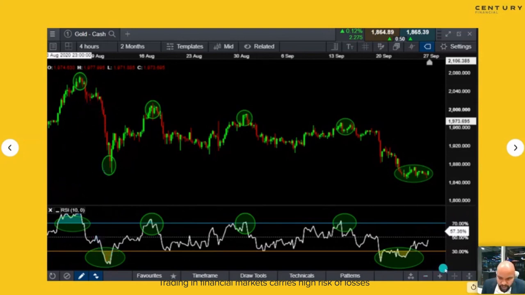RSI came below the 30 mark, which indicates a heavy oversold region. Every time it is below 30, it indicates that the particular instrument, be it a stock, commodity, or currency, is oversold. That means you can expect the buyers to come back into the market and buy back into gold.